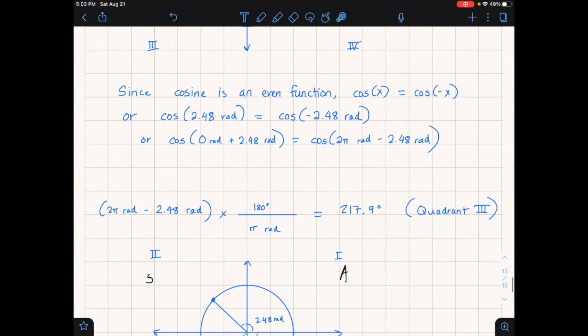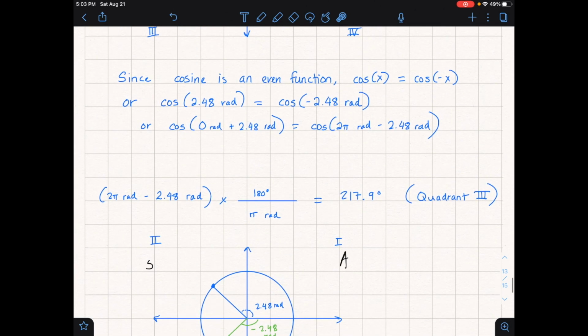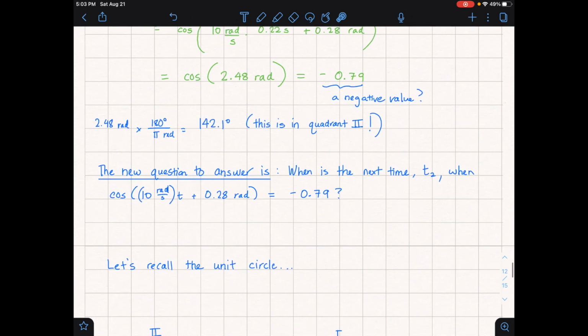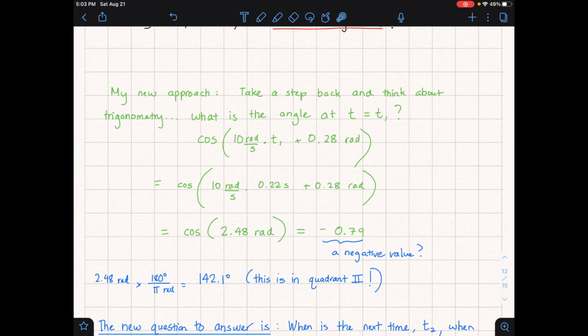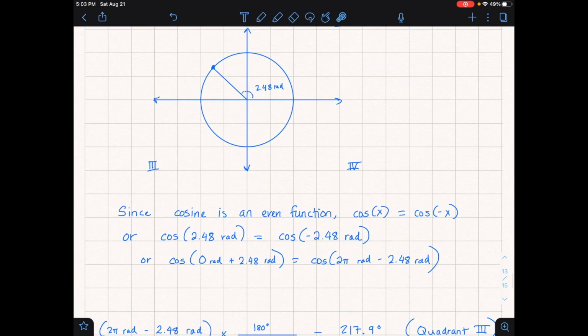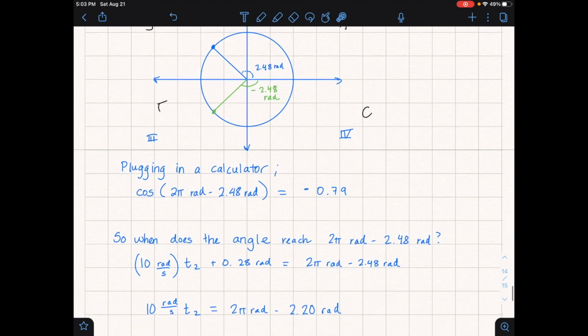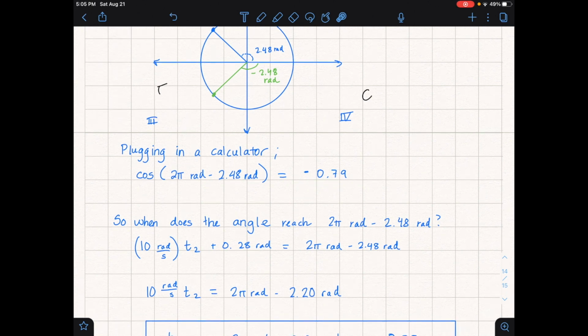And we found, based on this analysis, the two angles where cosine attains the value of negative 0.79. So again, this was to solve a simple harmonic motion problem, but I'm really just reformulating it in terms of a mathematical problem here. And if we figure out that cosine of 2 pi minus 2.48 radians, which I plugged into a calculator, indeed gives us negative 0.79, now the question is, at what time, t2, does the angle reach 2 pi minus 2.48 radians?